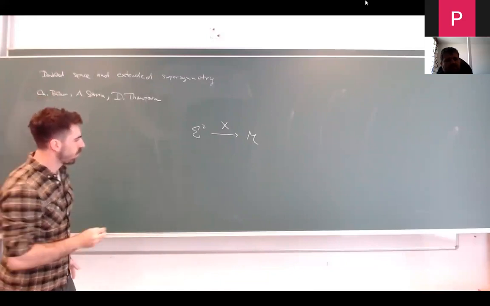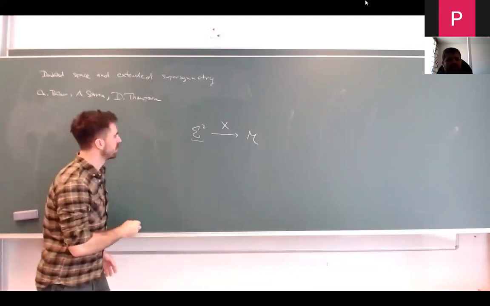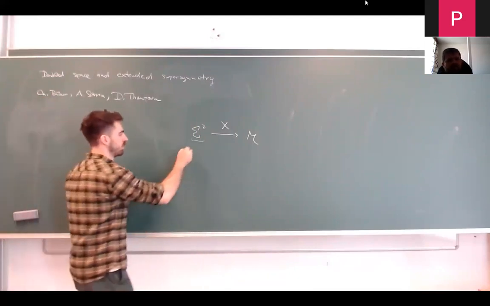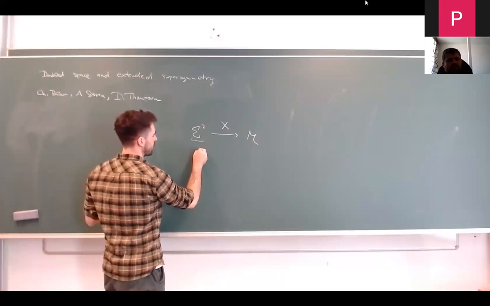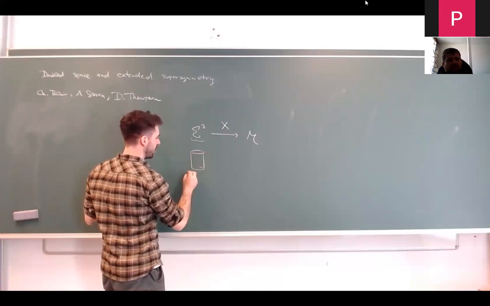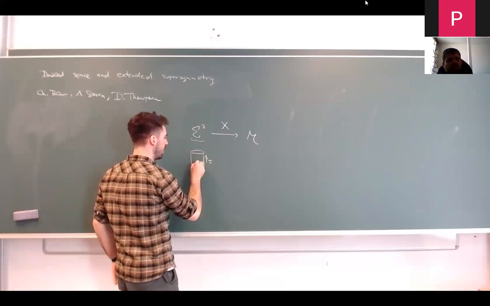For starters, this is just a two-dimensional bosonic worldsheet. If you're just describing a non-interacting string, it will be maybe a cylinder with the coordinates tau and sigma.